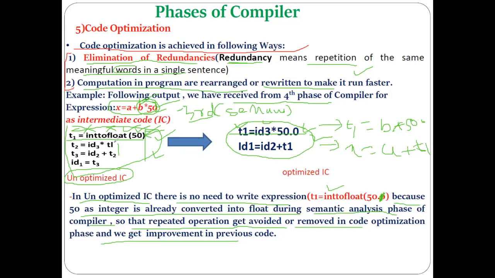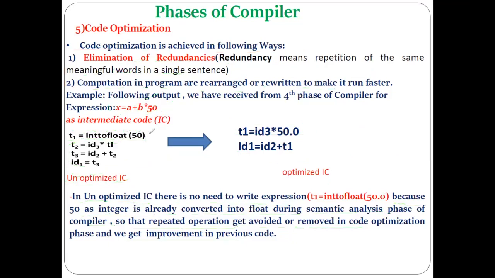Means for these three instructions, okay, for this, sorry, let me tell you, for these two instructions you write only one instruction here. That is correct: t1 equal to id3 into 50. So the meaning of these two instructions is like this one.